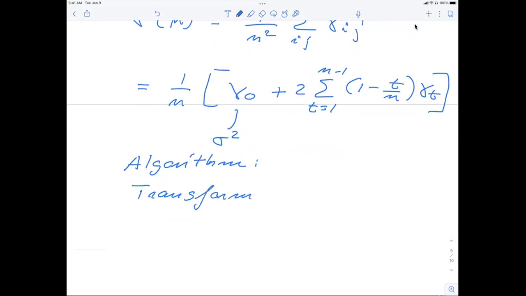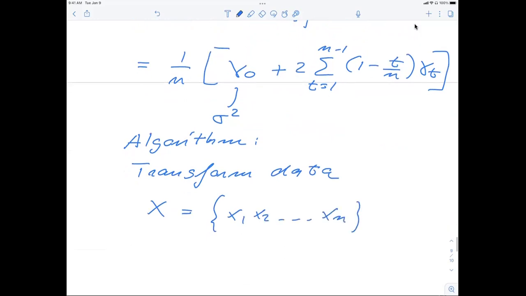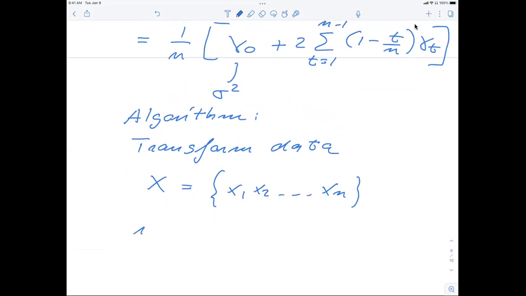So we transform the data. We have a data set which is X, this is our total data set, X1, X2, up to Xn. This is transformed into half as large a data set.